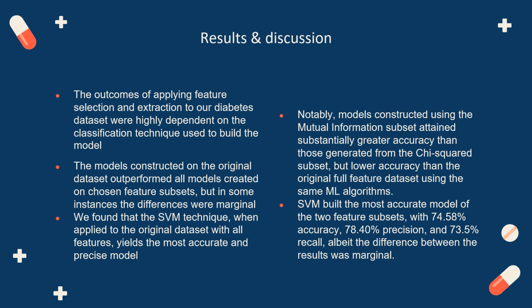SVM built the most accurate model of the two feature subsets with 74.58% accuracy, 78.40% precision, and 73.5% recall, although the difference between the results were marginal.